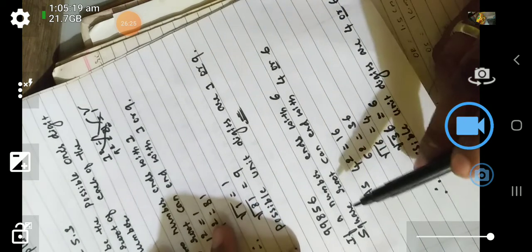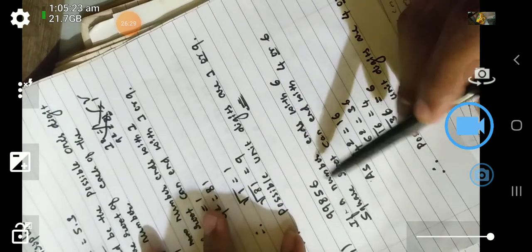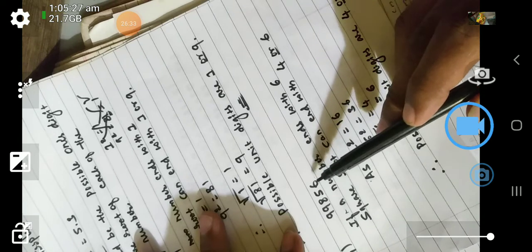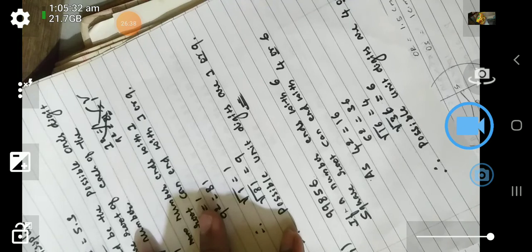Once again I'll tell you, listen here children, it's very simple. In the problem 99856, the number ends with 6, so we check which unit digits are possible. 4 fours are 16, and 6 sixes are 36, so the unit digit comes as 6.